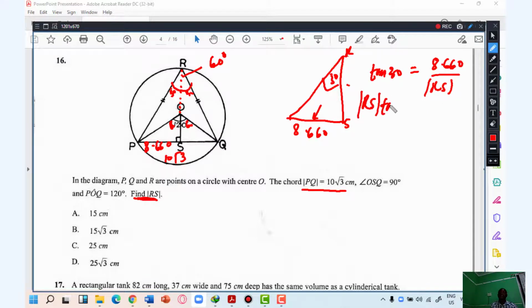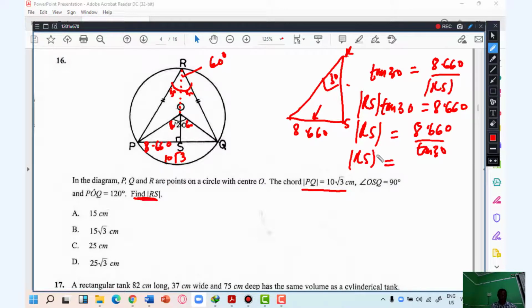So let's do cross multiplication. RS tan 30 is equal to 8.660. So divide both sides by tan 30. So RS will be equal to 8.660 over tan 30. So RS, use calculator, punch all together.